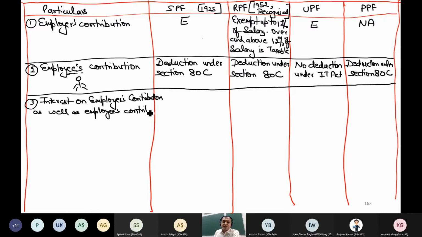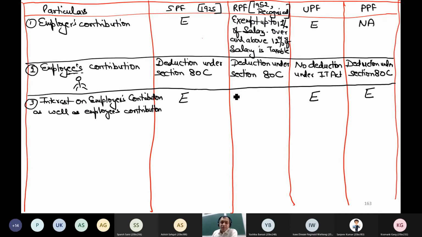Every year I'm getting some benefit in the form of interest on employer's contribution as well as employee's contribution. Interest on Statutory Provident Fund SPF is exempt, tax free. UPF exempt, tax free. PPF exempt, tax free.